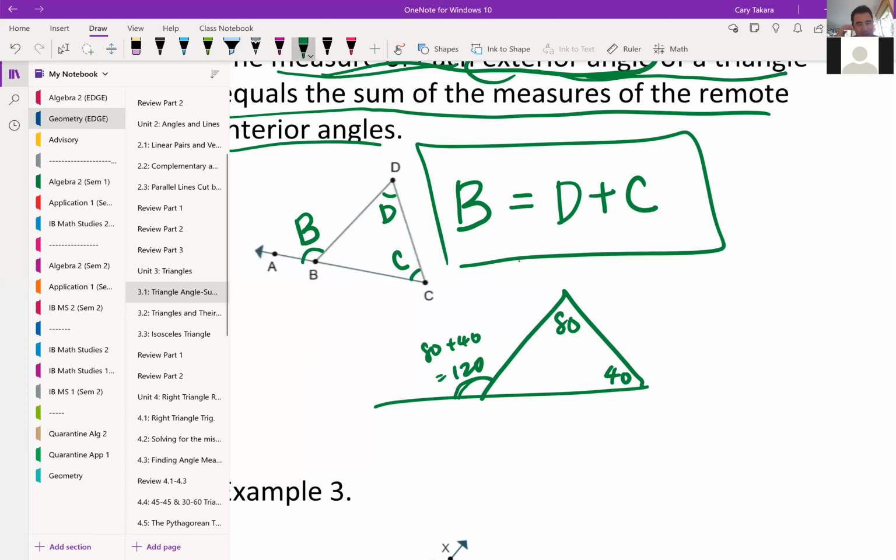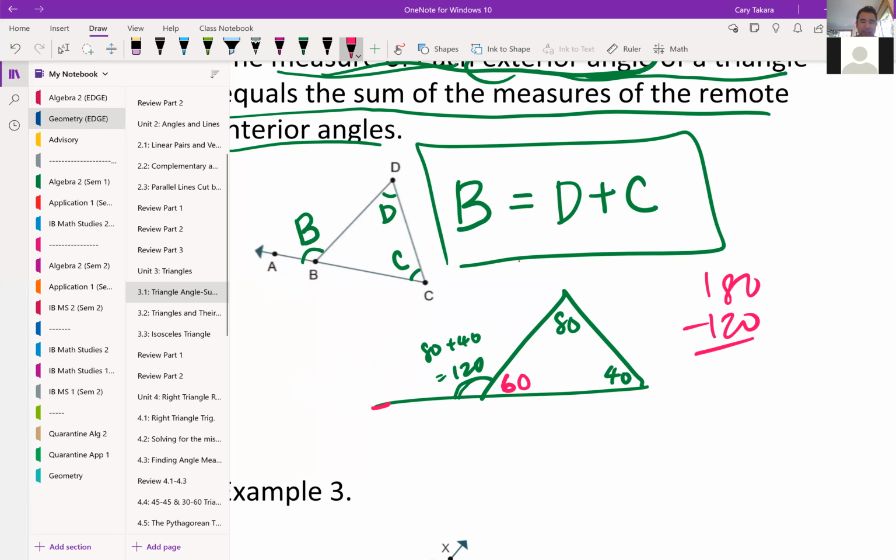Now, is that really true? Well, you can kind of see this because if this is the triangle, this angle must be 80 plus 40, which is 120, and 180 minus 120 would be, what is it, 60? So this angle has to be 60, okay?